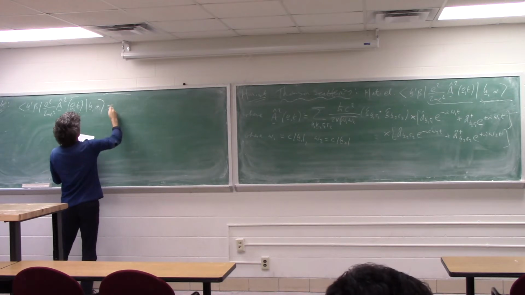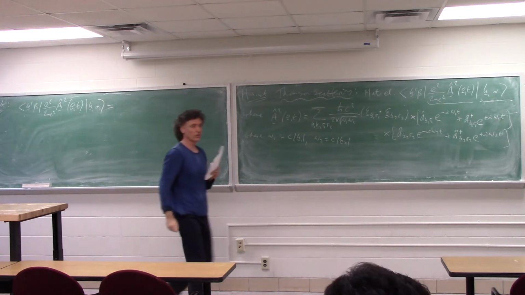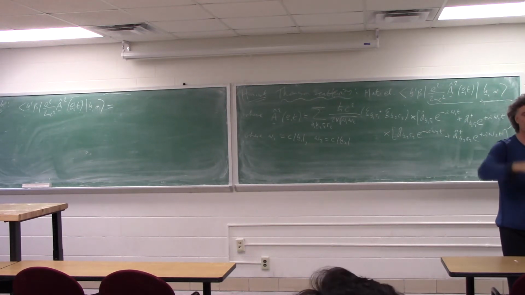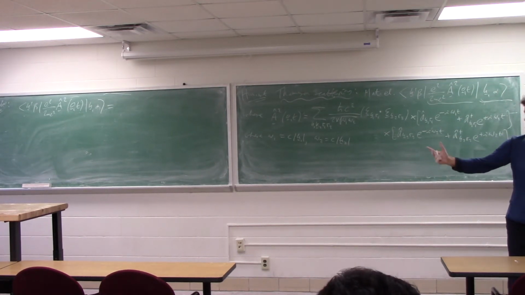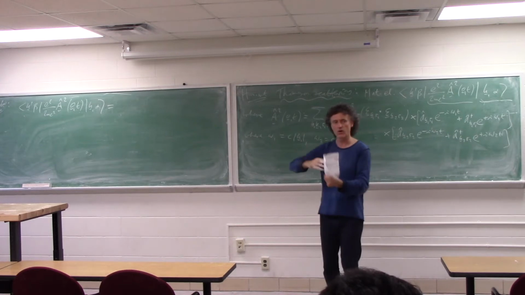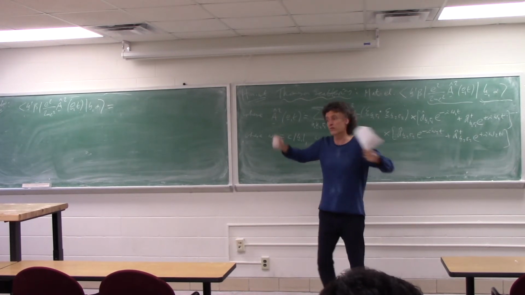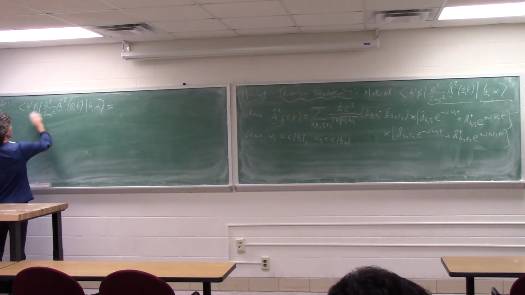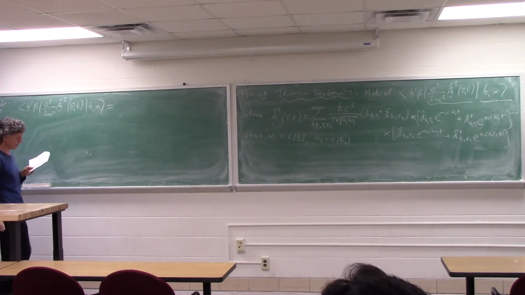What does this come out to be? So we've got one photon in the initial state. There are no other photons. We've got an initial state with just one photon, a final state with just one photon, but there are two different modes, so k and k prime.